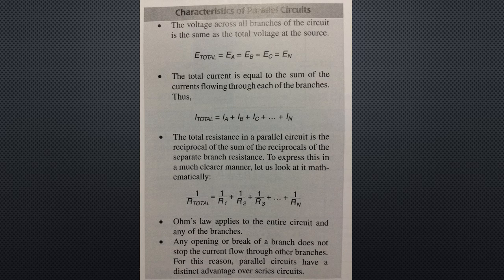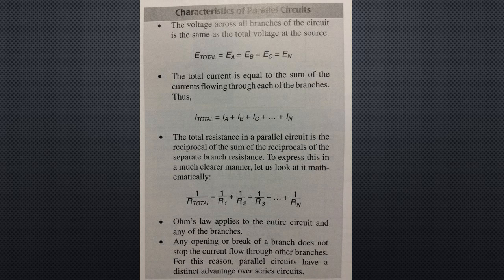The total current is equal to the sum of the currents flowing through each of the branches. Thus, the current total is equal to the current at point A plus the current at point B plus the current at point C. So the current total is additive.